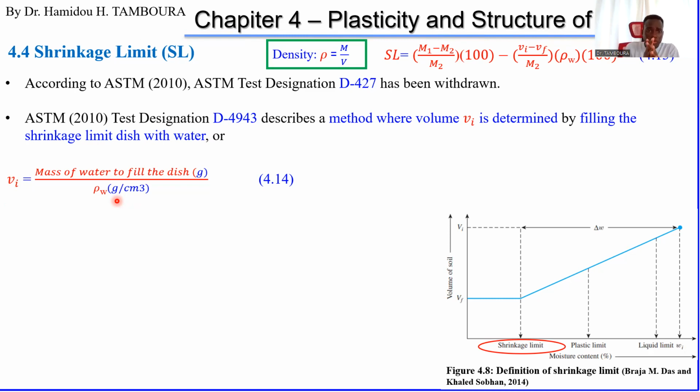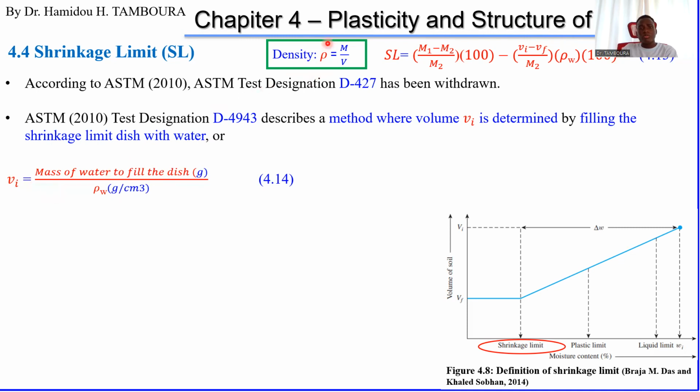It means that any dish you are using for doing the test, maybe you can use even any dish from your kitchen, I'm not sure. If you are using that and you are not sure about the capacity, the volume of the dish, you fill it with water, you weigh the water, okay? And by dividing the mass of the water by the density of water, you obtain the volume of that one.